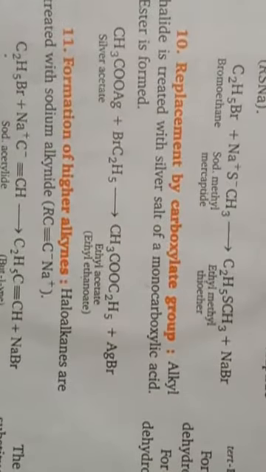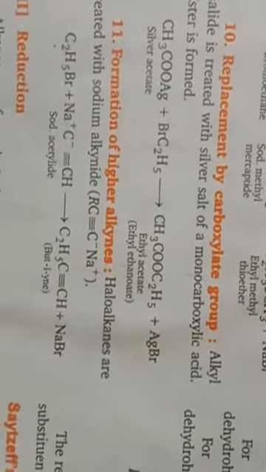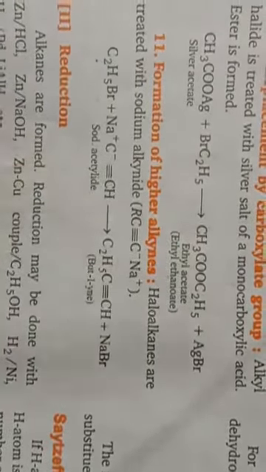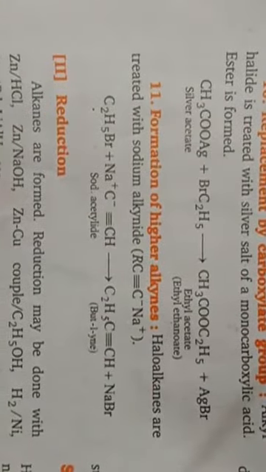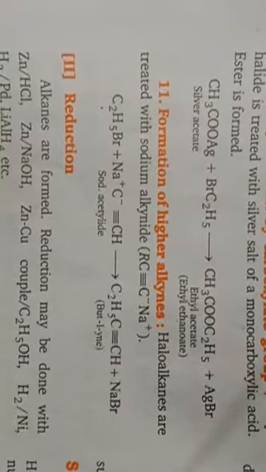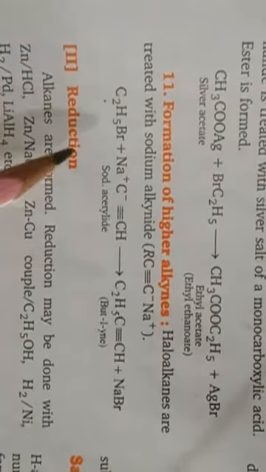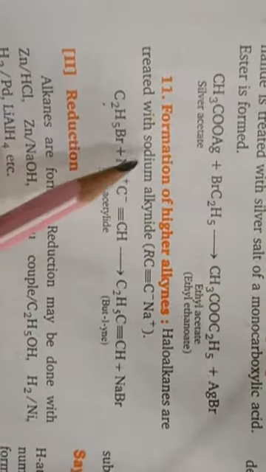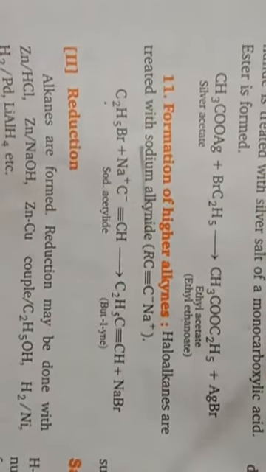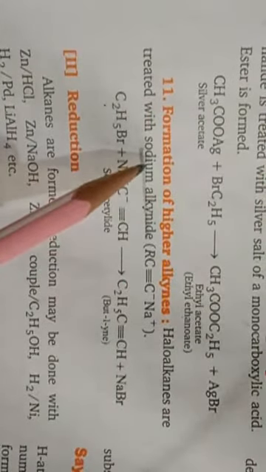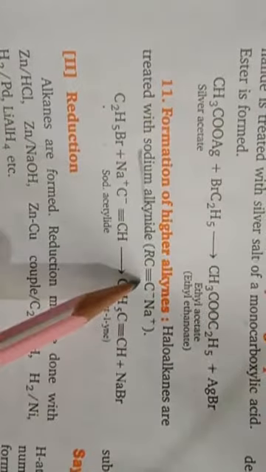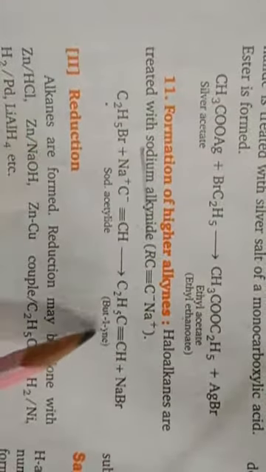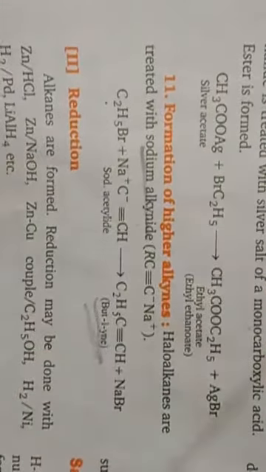Then the next type of reaction given here, the 11th one, is formation of higher alkynes, and this reaction is very important for you for different types of conversion. Here you can see that when haloalkanes are treated with sodium alkynide, the sodium salt of alkynes, related alkynes are formed.